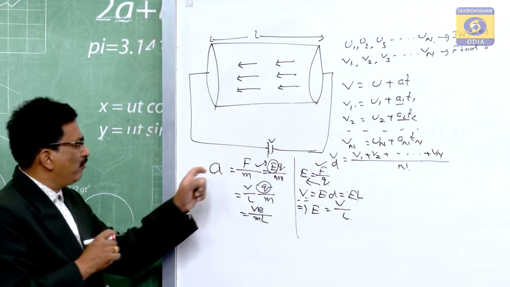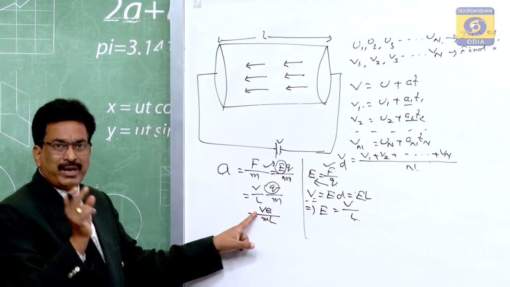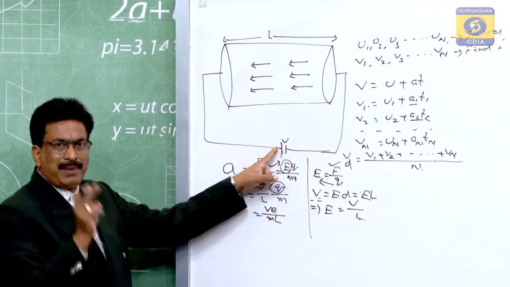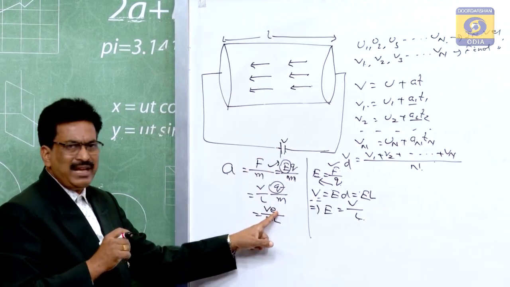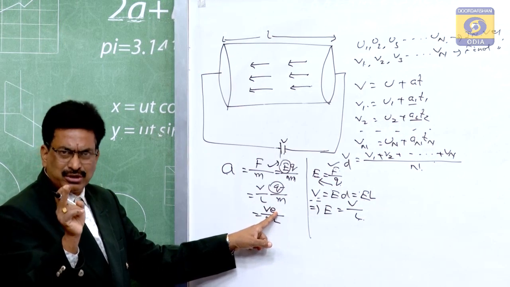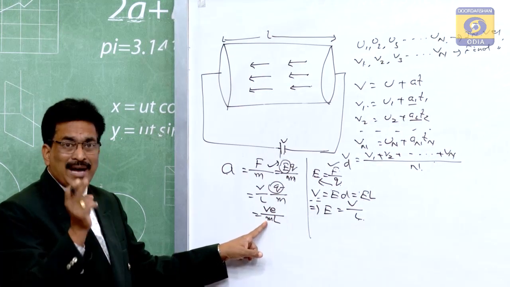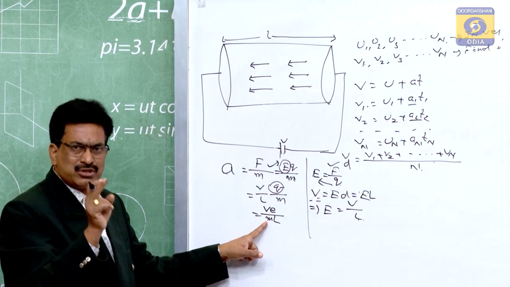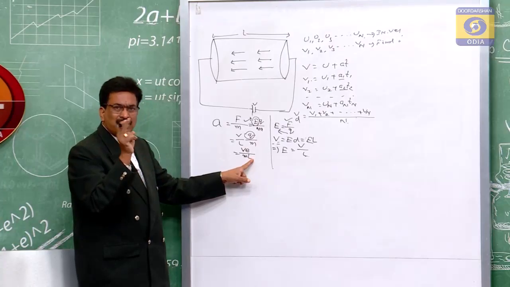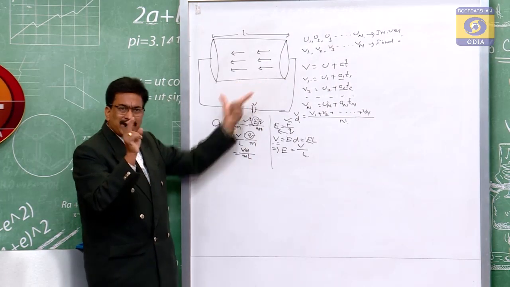If we look at this, V is the potential which is applied, that is a constant, and e is the charge of the electron, also a constant. M, the mass of an electron, is also a constant. L is the length of the conductor which we have taken, also a constant.